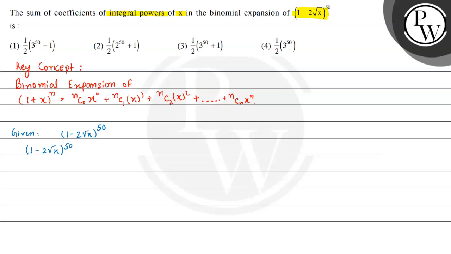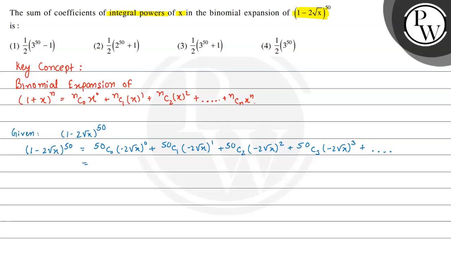(1 - 2√x)^50 is equal to 50C0 (-2√x)^0 + 50C1 (-2√x)^1 + 50C2 (-2√x)^2 + 50C3 (-2√x)^3 and so on.